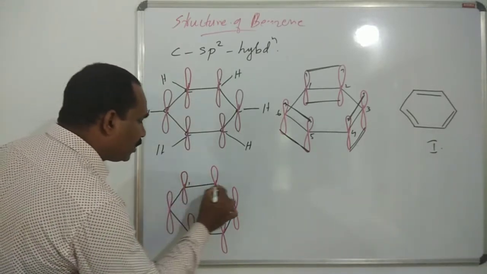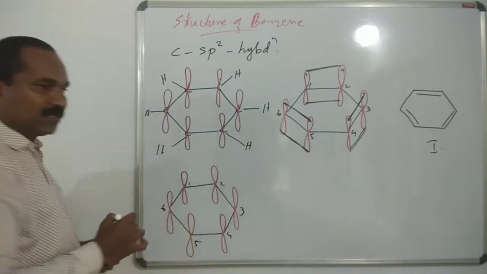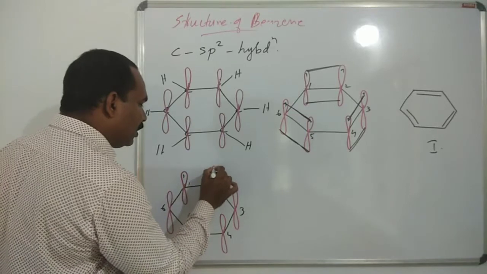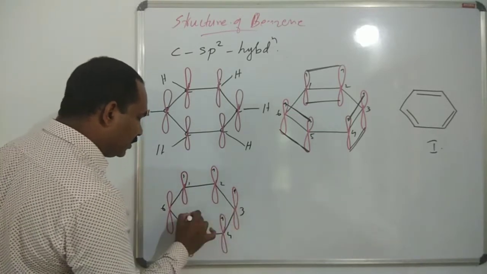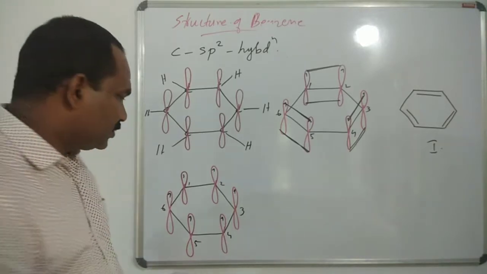Also we number 1, 2, 3, 4, 5, 6. Each unhybridized p orbital contains one electron.